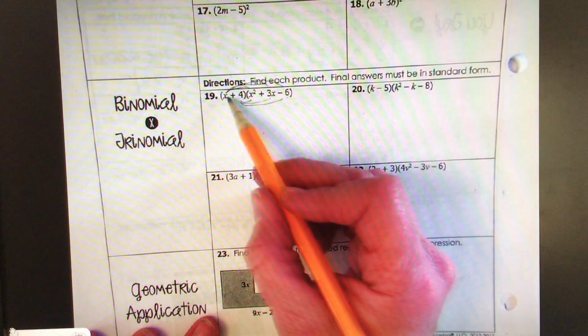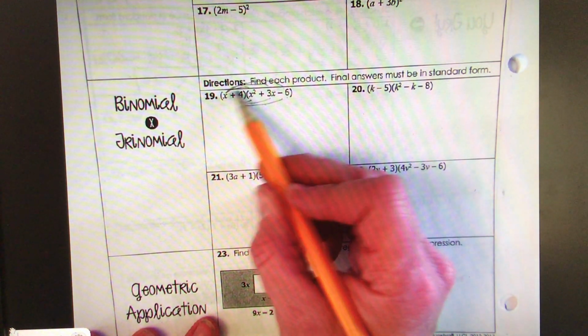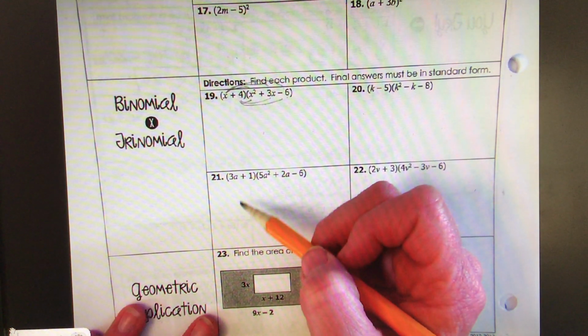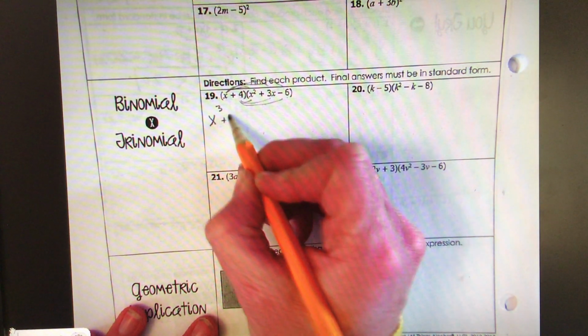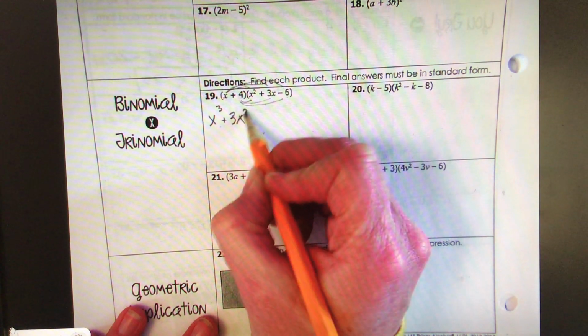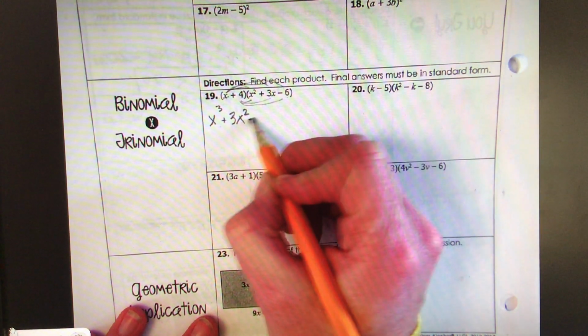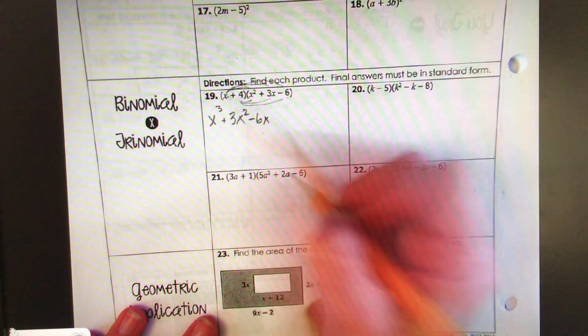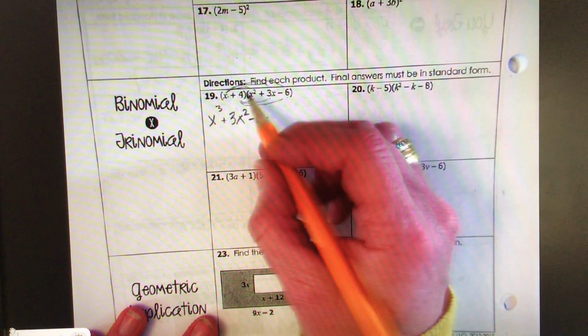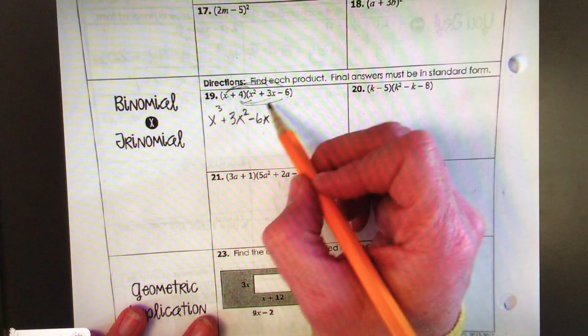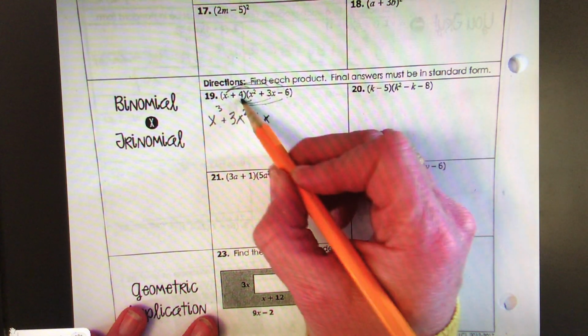You have to make sure that you distribute all of these terms when you multiply them. Let's go for it. X to the third plus 3x squared minus 6x. So I'm tending to that. Now I get to go for the others. So here's now all of this against my 4.